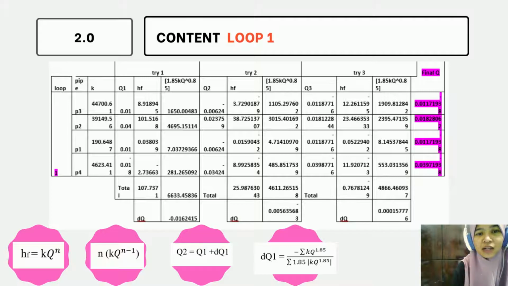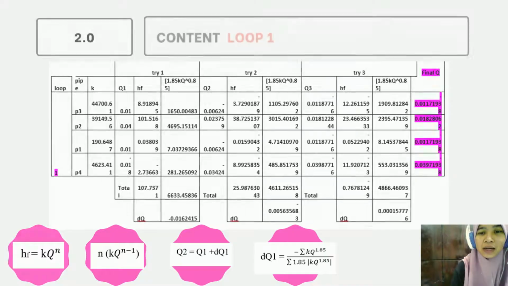For the second trial, we get negative 0.00535 meter cube per second. And the last one, the third trial, we get 0.000157776 meter cube per second. The table shows the data we have calculated for loop 1.